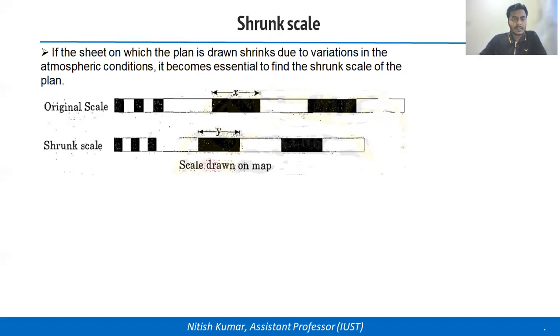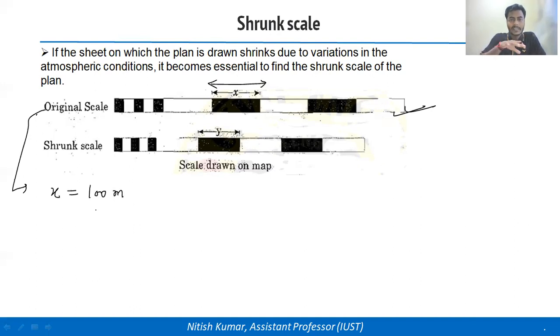Okay, so this was the original scale. So x on the plan, this distance is representing x. According to the original scale, I'm writing x is equal to a ground distance of suppose 100 meter.